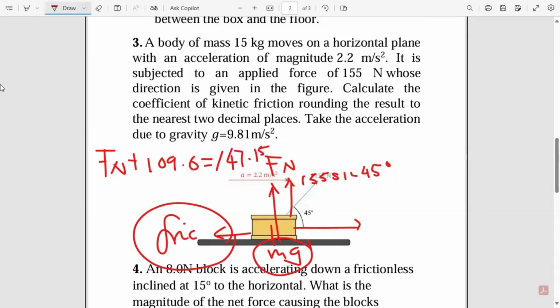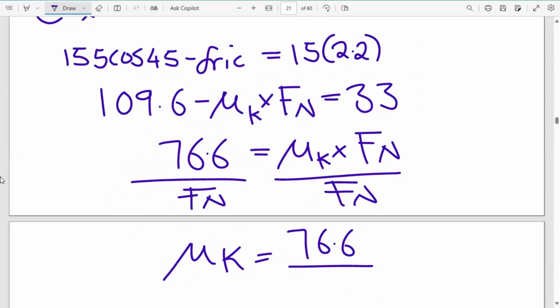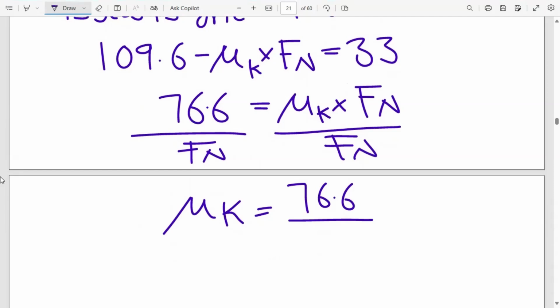Okay, like that. So that means our normal force is 147.15 minus 109.6, which gives 37.55. Our Fn, normal force, is equal to 37.55, and that is the value we're going to plug into this formula.